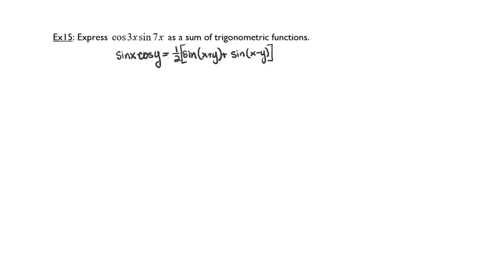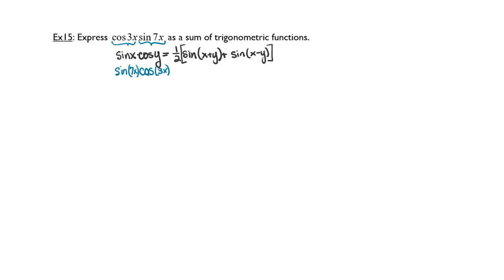Now we need to figure out how in the world we're going to get cosine of 3x times sine of 7x to work in this formula. Note that we could rearrange this so that the cosine is the second factor with 3x as the y value, and we could arrange sine of 7x as the other factor, and the 7x is like the x in the formula.